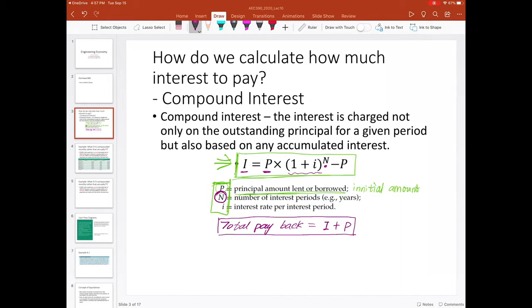But if the bank said, okay, you can borrow the money for 5 years, but we calculate the interest every month.